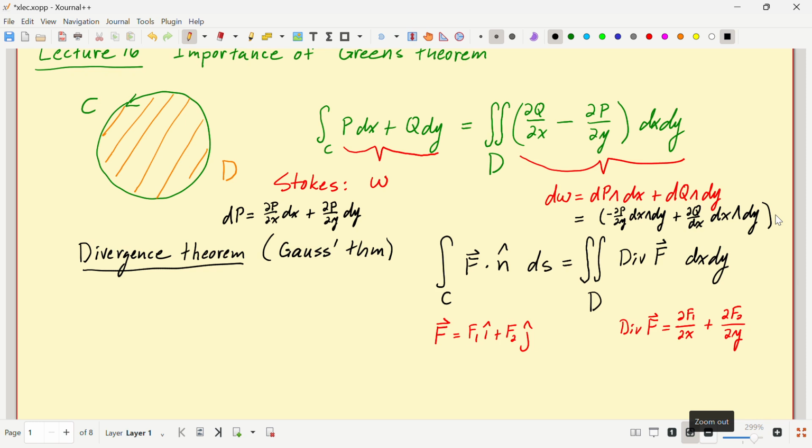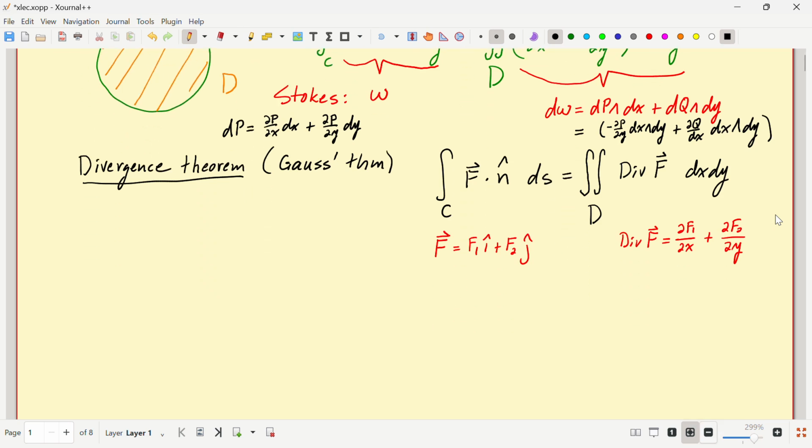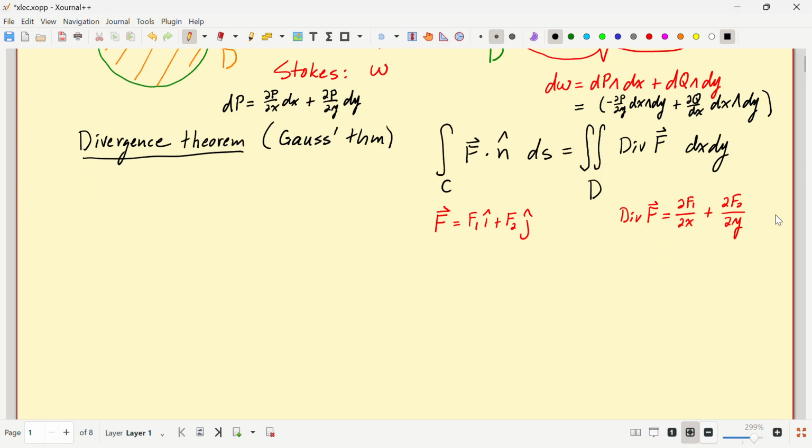But I do want to explain carefully why Green's theorem and the divergence theorem are basically the same theorem. I wrote out the divergence theorem last time, and if I've got a P and a Q, how could I make that integral over D the right thing?